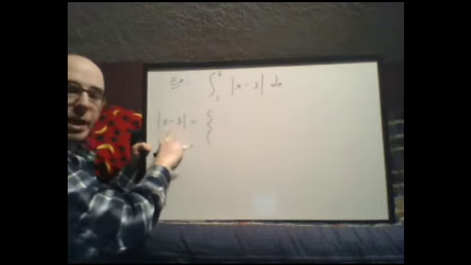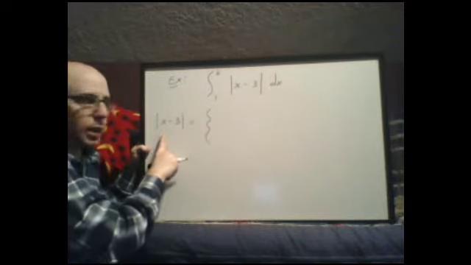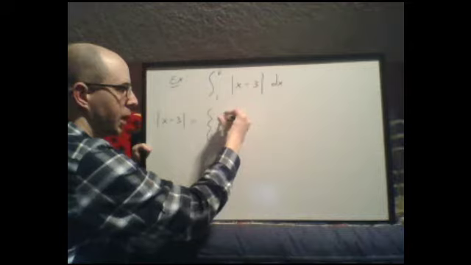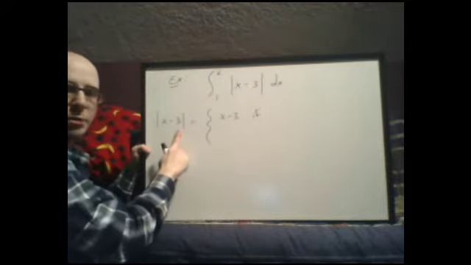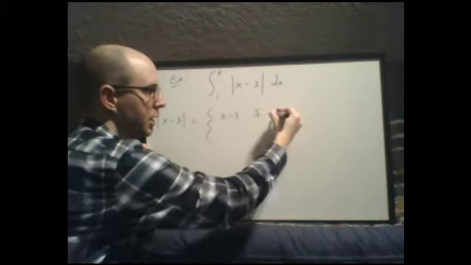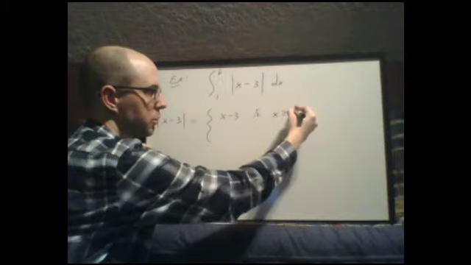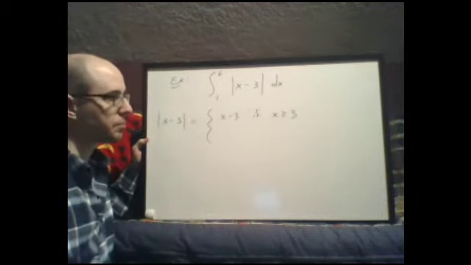So if the inside is already positive, the absolute value doesn't do anything. So this would equal x minus 3 if x minus 3 is positive. X minus 3 is positive, or non-negative, when x is greater than or equal to 3.